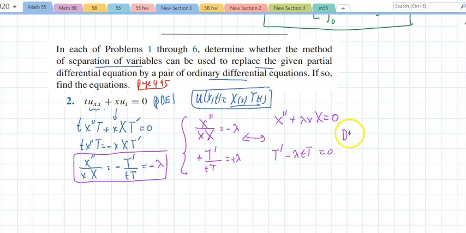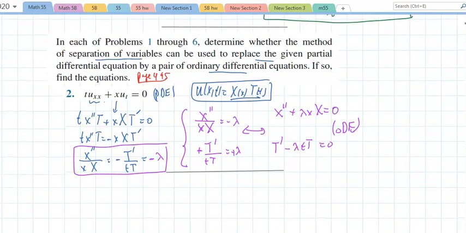This is an ordinary differential equation, so I was able to separate it. What I did, I took a partial differential equation, which is very challenging to work out, and I converted that into an ordinary differential equation system of equations. And what do you know about systems of equations? We could write those using matrices and solve them. I'm going to stop this video here and continue the next.